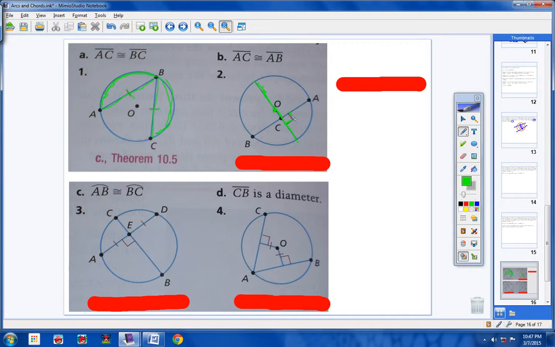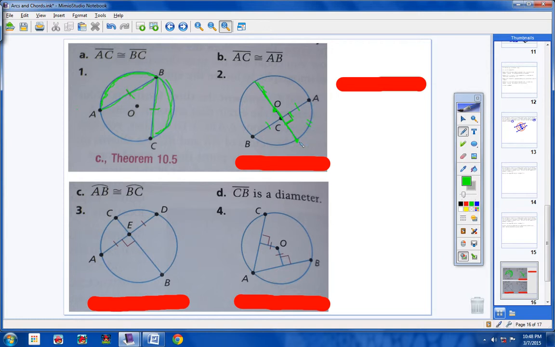So I know this chord, this segment here, BC, is congruent to AC. How do I know that? We had a theorem that said if a diameter is perpendicular to a chord, then it bisects the chord, also bisects the arc. So arc, we'll call this E, arc AE is congruent to arc EB. But what they're looking at here is BC is congruent to AC.